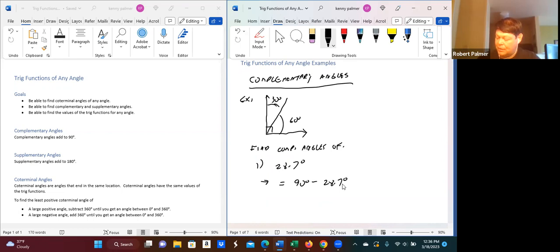So 90 minus 28.7 is going to be 61.3 degrees.